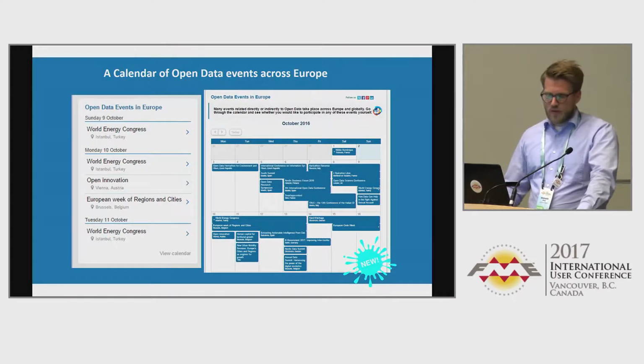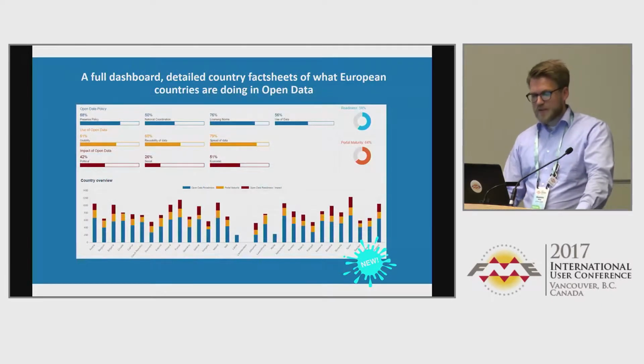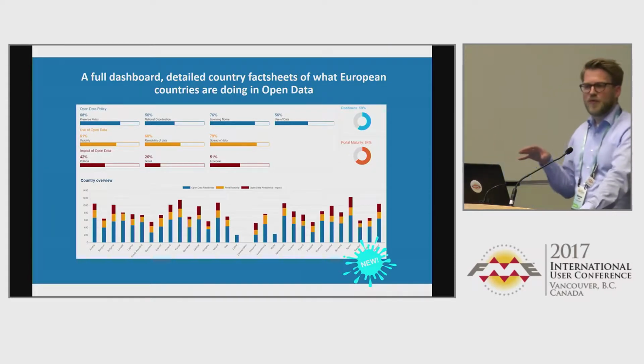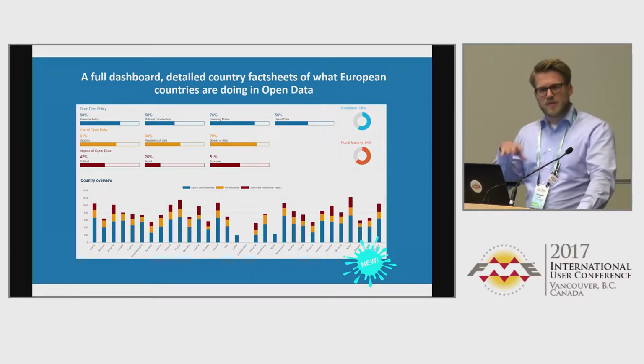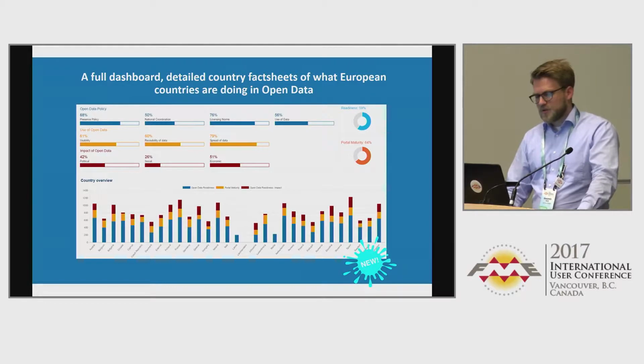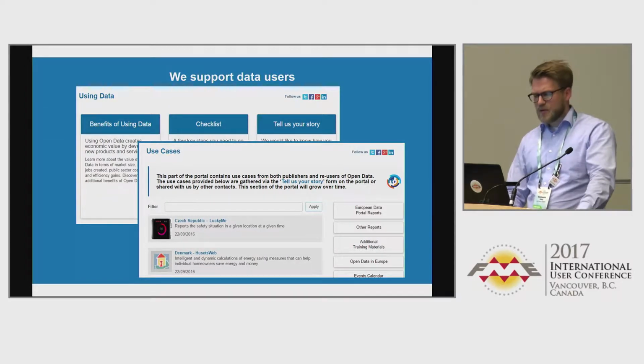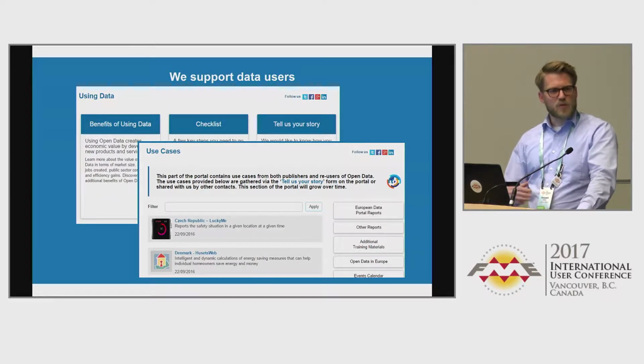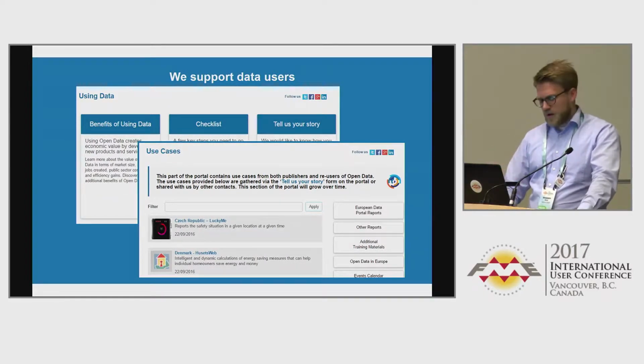There's a calendar of open data events across Europe. There's a dashboard with full information about all the data sets with data fact sheets to get a quick overview about all the data that is provided. And there are use cases shared with the users so that you have an idea how you may use the data.